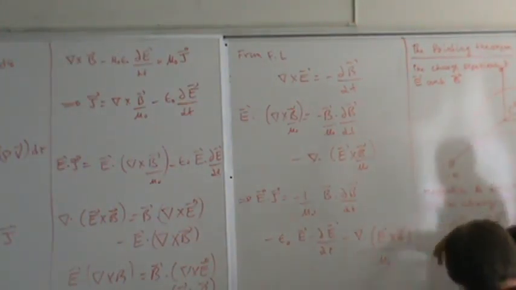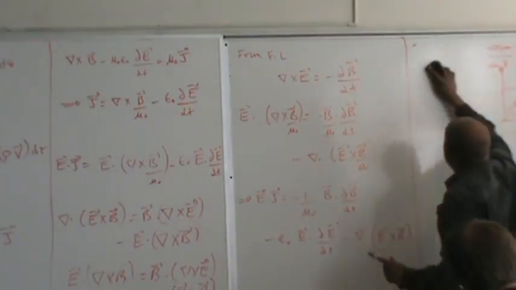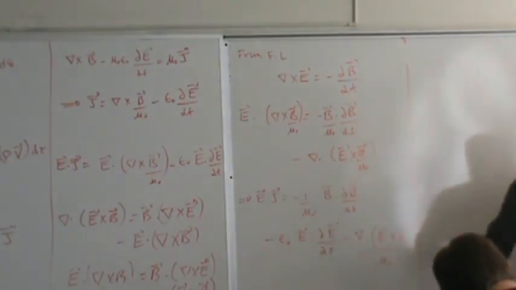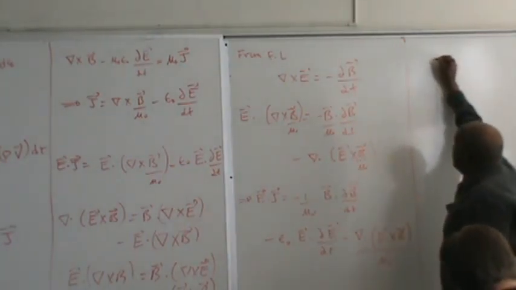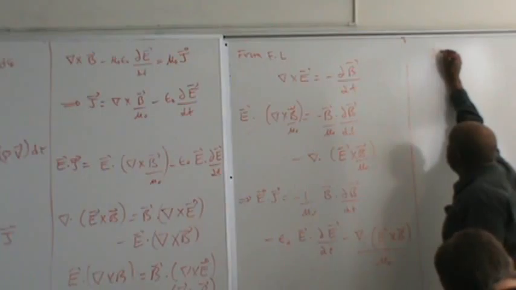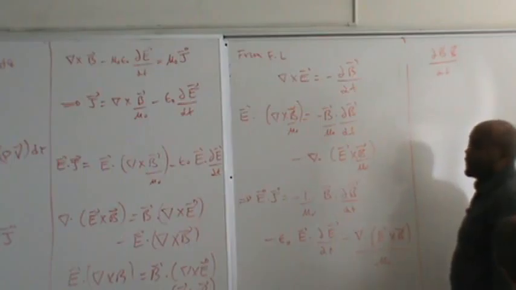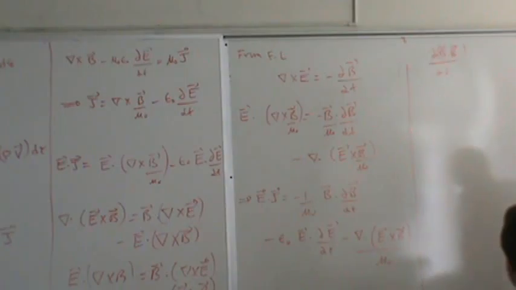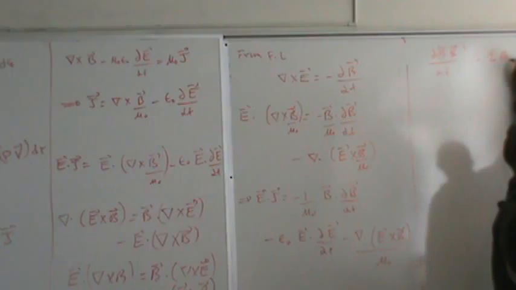All right, just give me 5 minutes to arrive at the important relation, the important conservation law in electromagnetic field theory. Okay, so what's going to be B dot dB by dt?